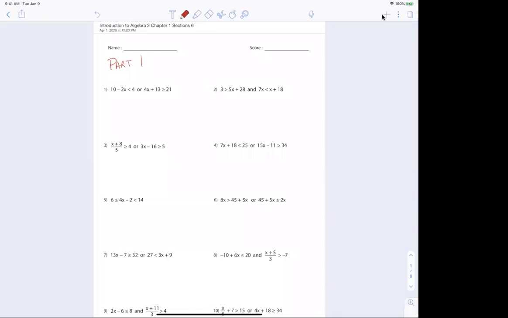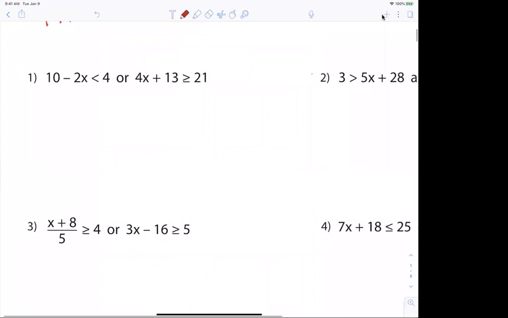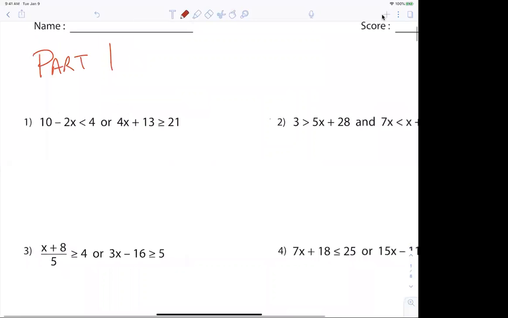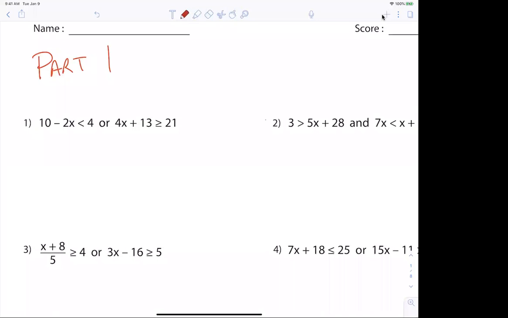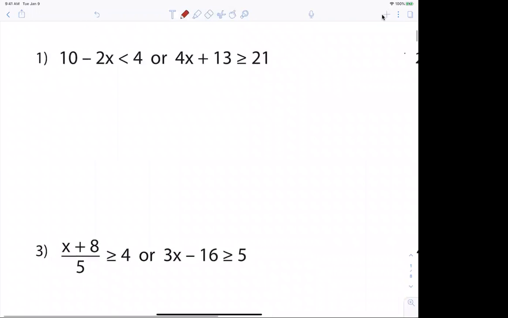Let's start with question number 1. These were called the compound inequalities. Last time we did the inequalities. This time we're doing compound inequalities, which just means you have to solve two inequalities. The first thing we're going to do is mental math, since we're allowed. So negative 2x is less than negative 6.